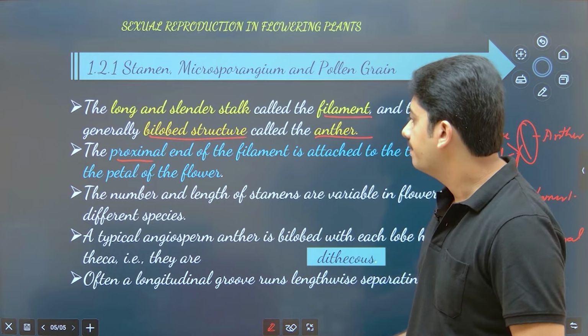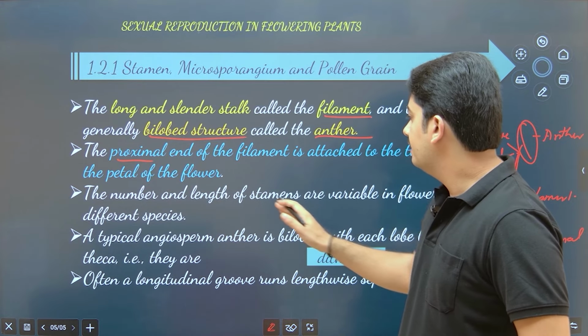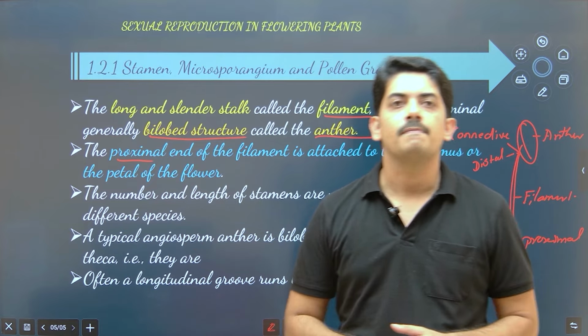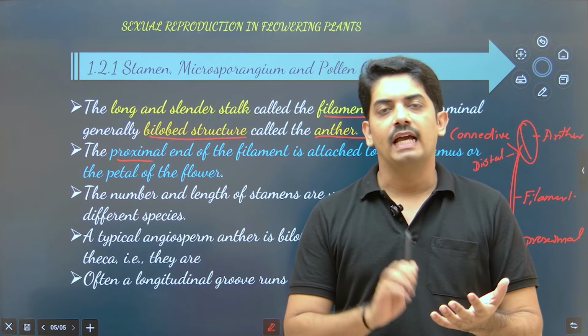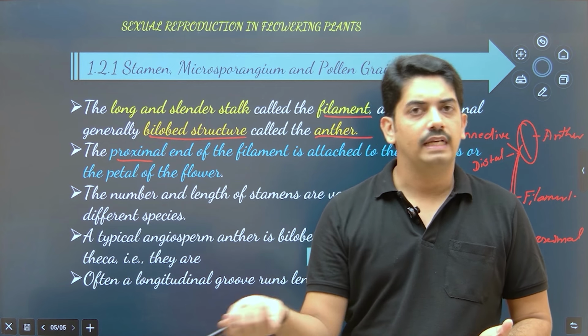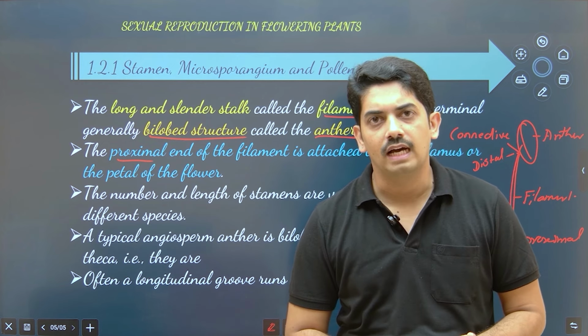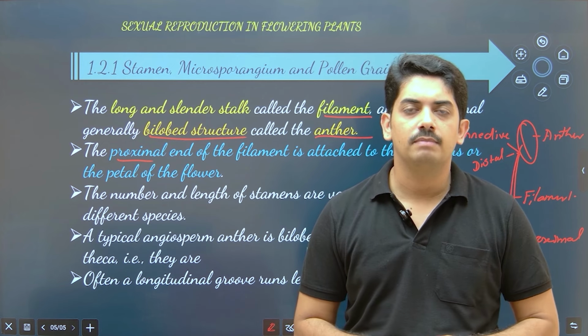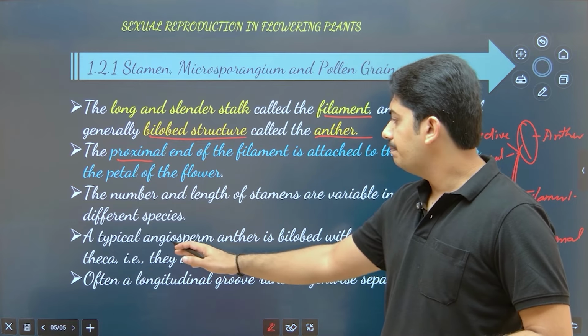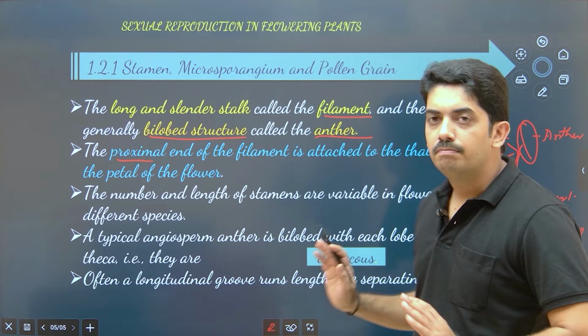Okay, very important. The number and the length of the stamens are variable from species to species. Take different flowers, take hibiscus flower, take jasmine flower, or take any of the flowers of your garden. Just observe the stamens, they are not the same, they are different. Now a typical angiosperm anther is bilobed.